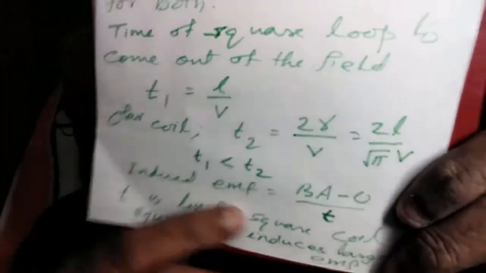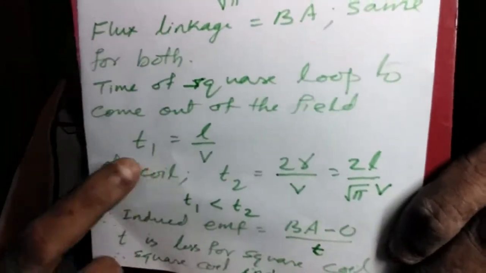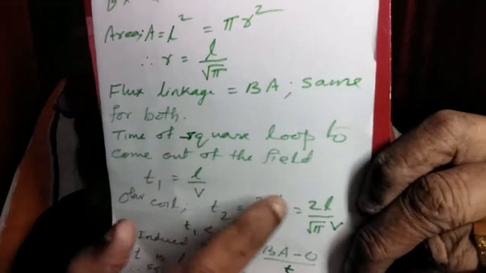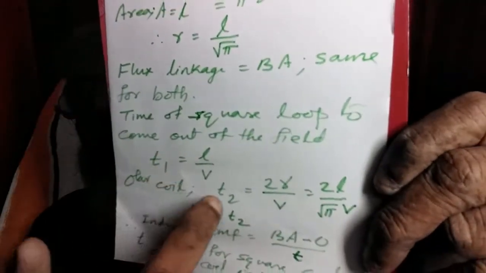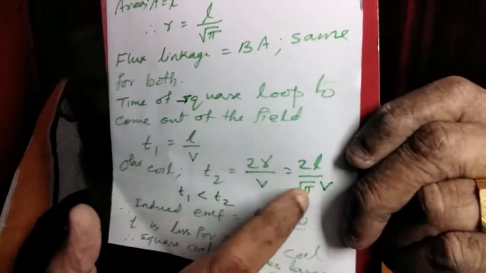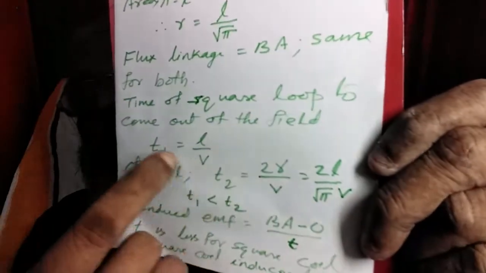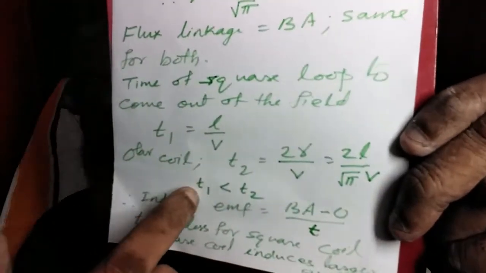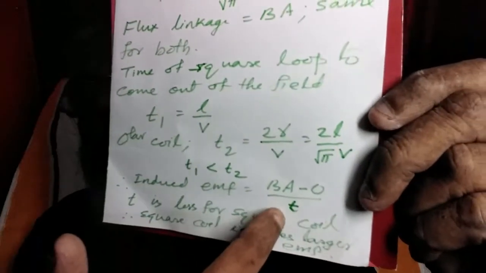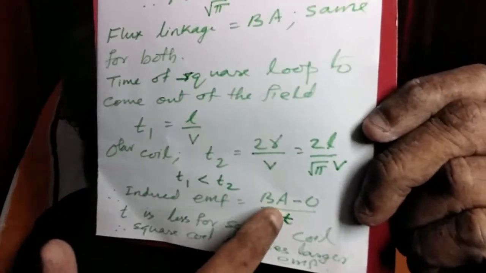So in the case of the square loop, induced EMF is BA by T1, and in the case of the circular loop, induced EMF is BA by T2. Since T2 is greater than T1, the denominator is less in the case of the square loop.